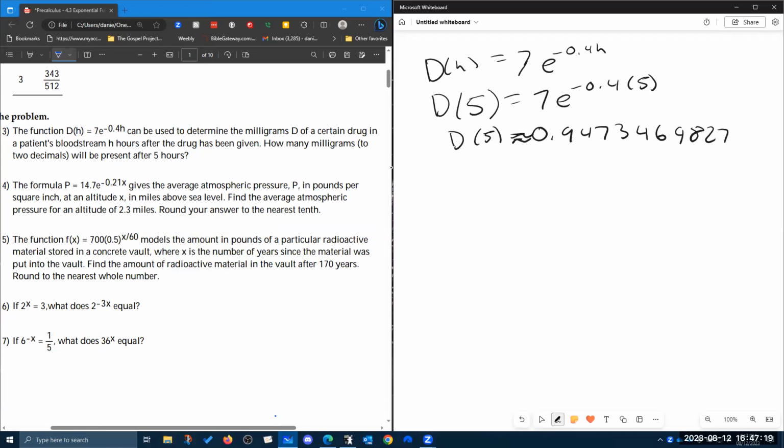And it says that it wants the answer to 2 decimal places. And these are in milligrams.